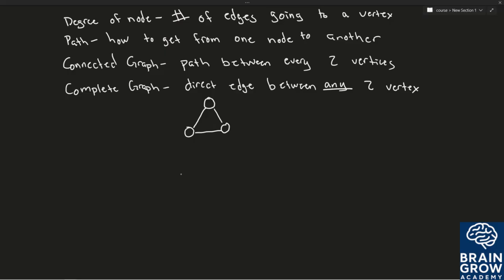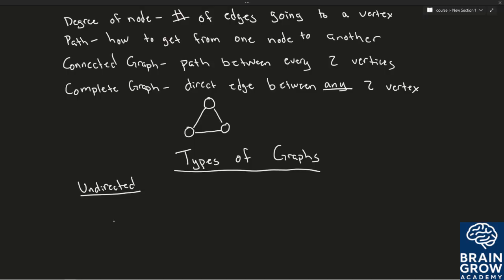So now we have different types of graphs, and there are quite a number of types that we can talk about. We have an undirected graph. Undirected means that you can go from one node to another, and it's always both ways.